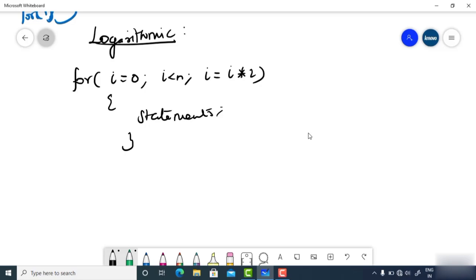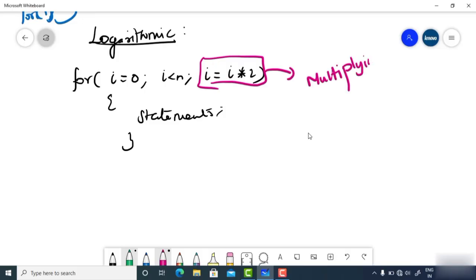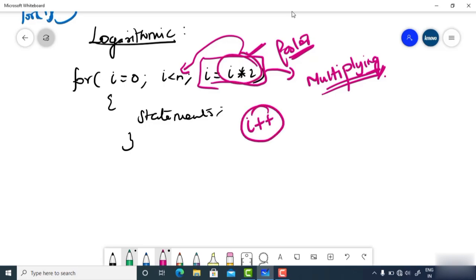Can you note any difference between the for loops which I have written before and the current for loop? Yes, definitely, that is the increment type. I am just multiplying. Instead of going for i plus plus, I am writing i equals i into 2, which will reach the n value even faster because it's getting multiplied.